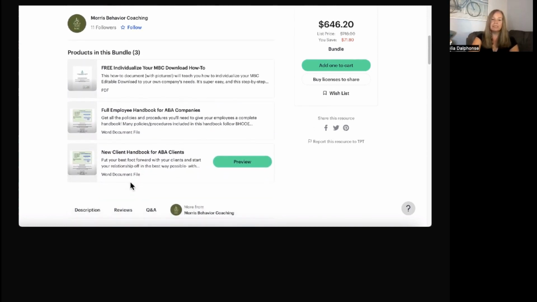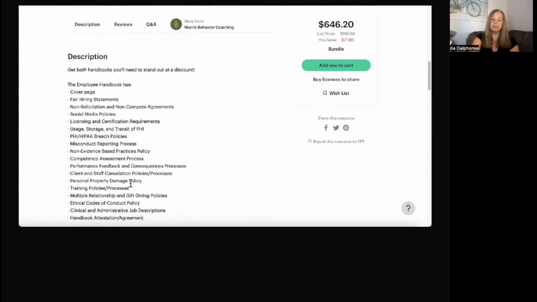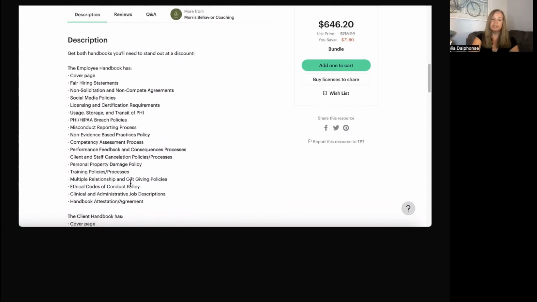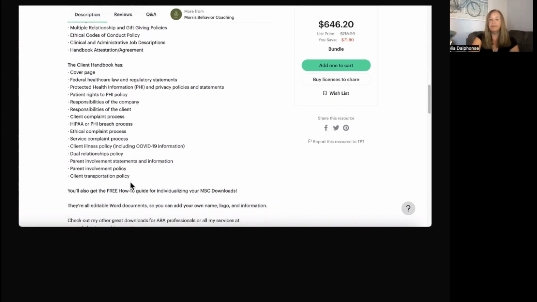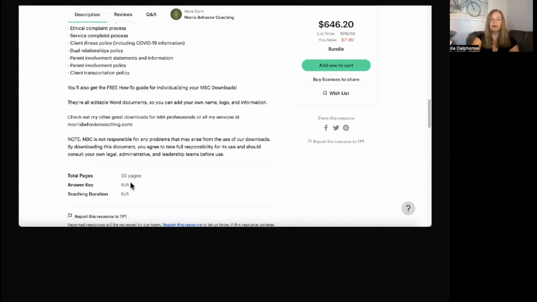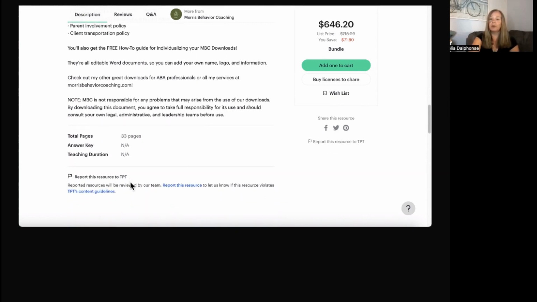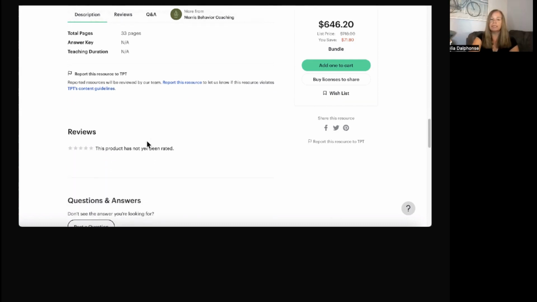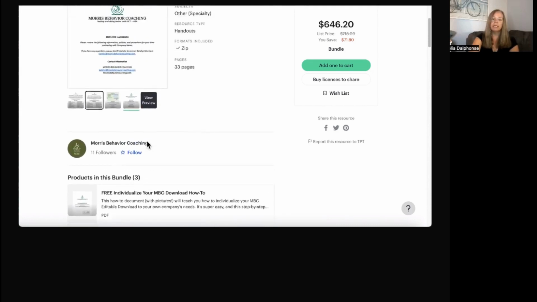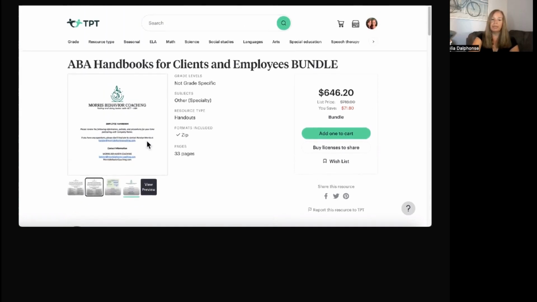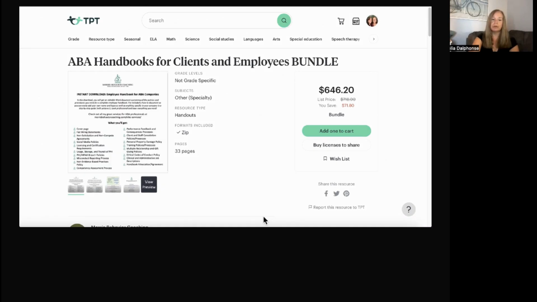So this is something that includes a lot of different templates and resources for creating your employee handbook and the handbook for new clients. And you can see they show you exactly what's included in the employee handbook as well as in the client handbook. It's 33 pages.